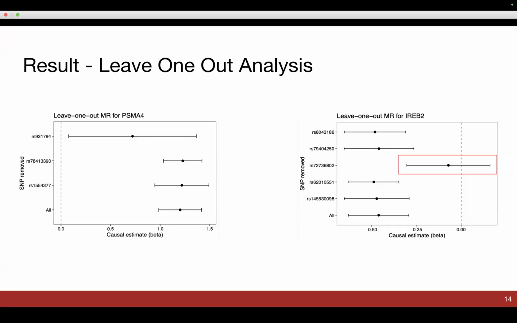That means that when you leave that SNP out, the causal effect of IREB2 will be very different from including that SNP. This does not necessarily mean that the Mendelian randomization for this gene is not reliable. It just means that we have to be more cautious and potentially establish more concrete evidence through either experimental approaches or other statistical analysis. So this just gives us a heads up.